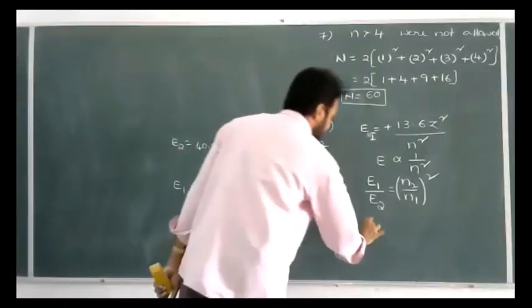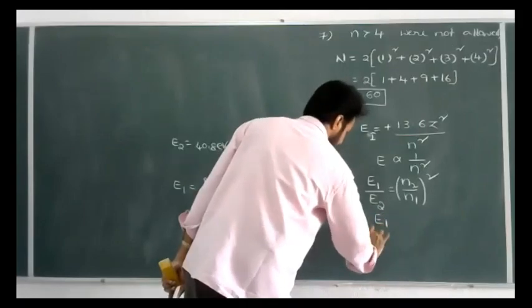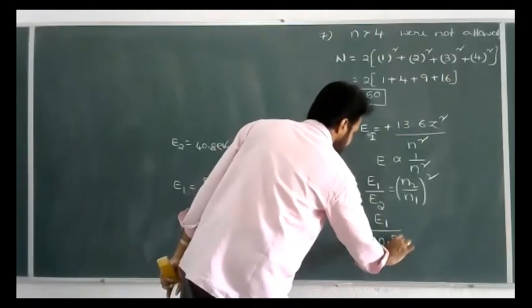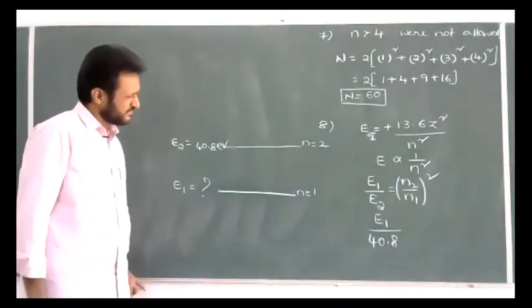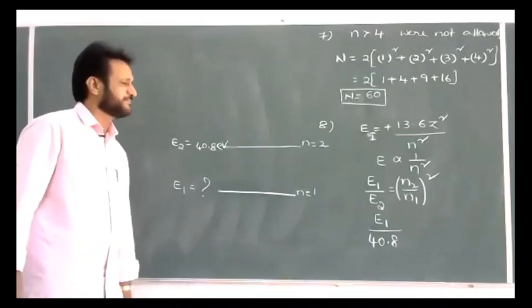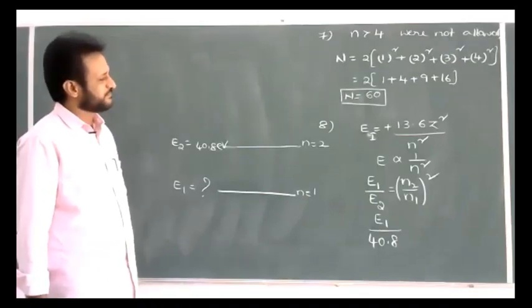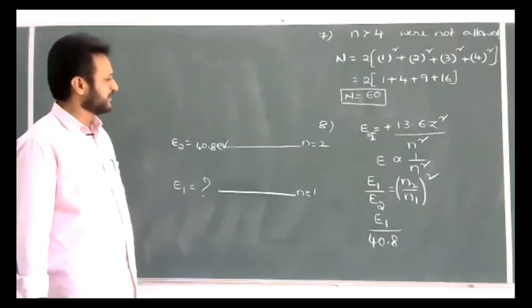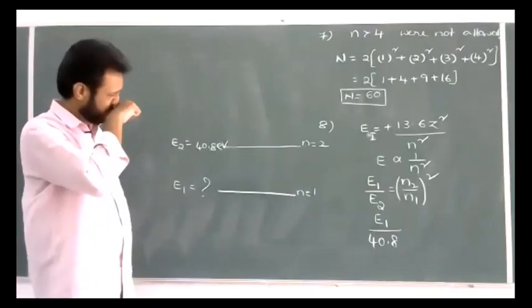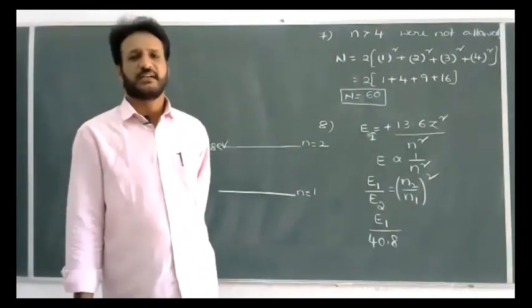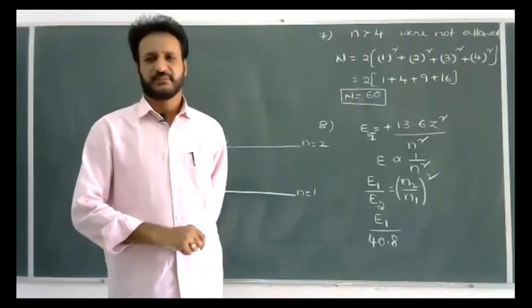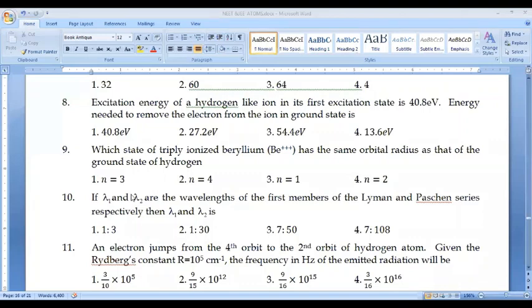Now check here, E1 we don't know, we need to calculate, divided by 40.8, and then N2 by N1. And check the options. The given options are 40.8, 27.2 and 13.6.